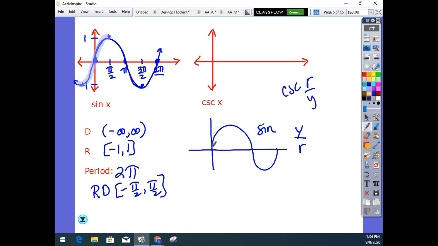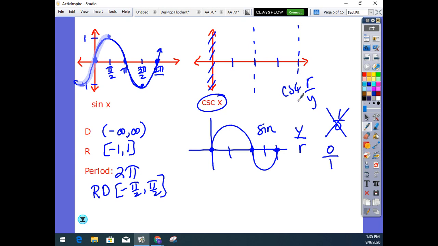So I want you to think about, what are these three values here? Those are 0. Well, what's the reciprocal of 0? 1/0, which we can't do. So every place that sine is 0, its reciprocal, cosecant, has an asymptote. Because 0 does not have a reciprocal, so that's why we put asymptotes.